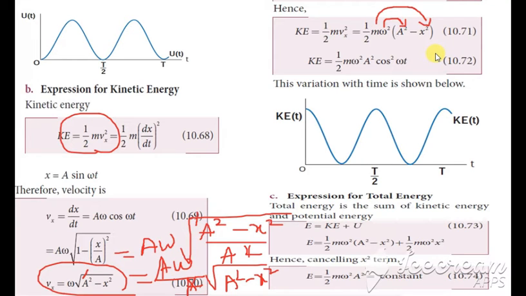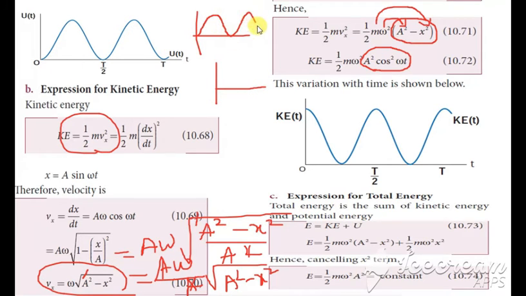Either we can write it in that way, or what we can do is this a square minus x square we are writing as a square into cos square omega t. Yes, clear.